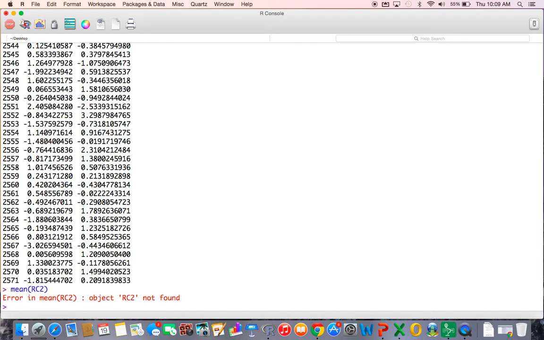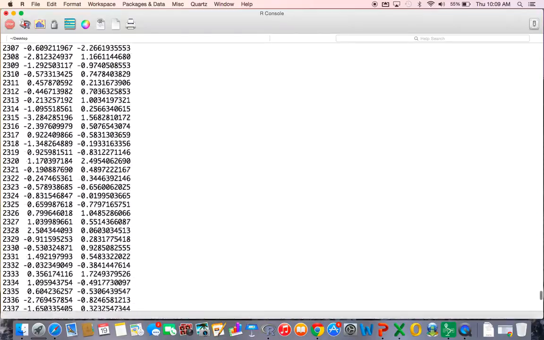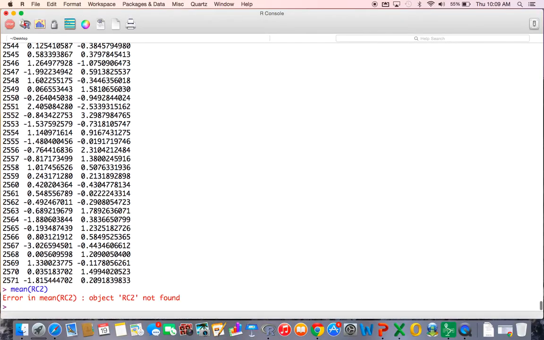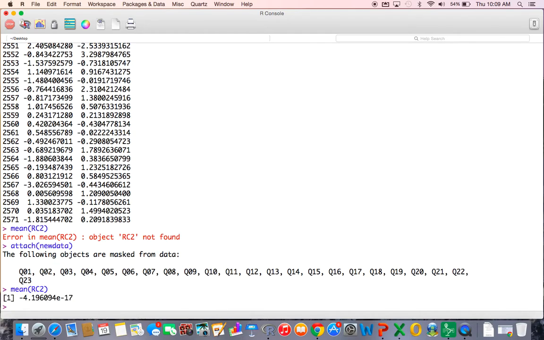Okay, why not? Okay, there we go. So I just had to attach the new data set where I bound the new stuff in there. So we can see that the mean of the factor scores for RC2 are 0.